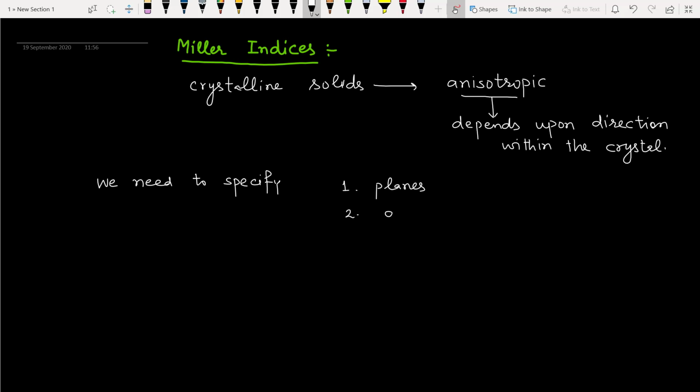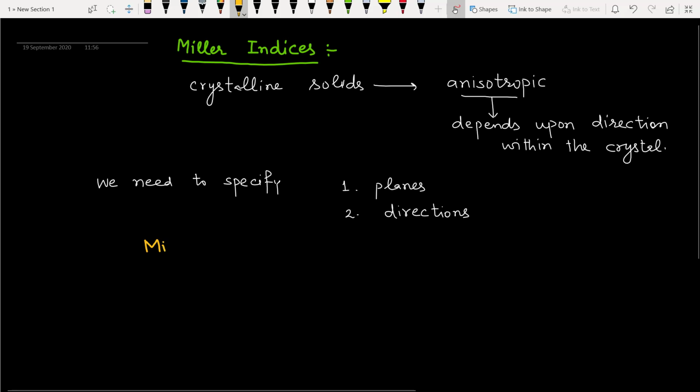Number two, various directions in which atoms are arranged within a crystal. So the knowledge of directions and planes is very important to specify the various properties of crystalline solids.